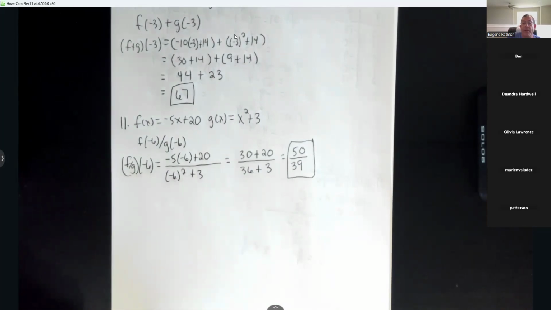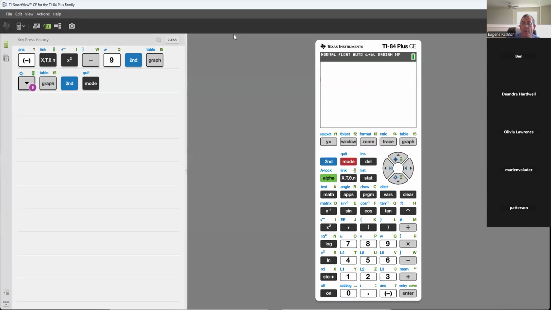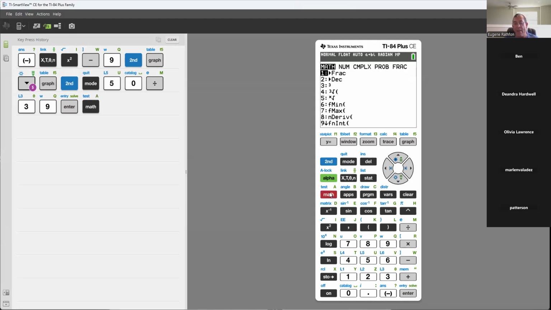Now I'll show you a trick. If you want to see if a fraction will reduce, you can go to your calculator. I had 50 divided by 39. That'll give me a decimal. But if you turn the decimal back into a fraction by hitting math, enter, enter, I get 50 over 39.